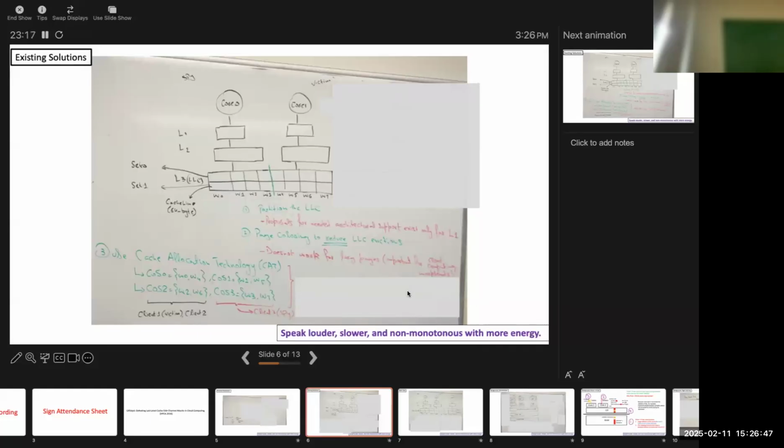Would that just be because of the overhead or the cost it would take to refurbish all these CPUs? That is true for page coloring. Page coloring will work, but it has high performance cost. That's why CAT is better compared to page coloring.